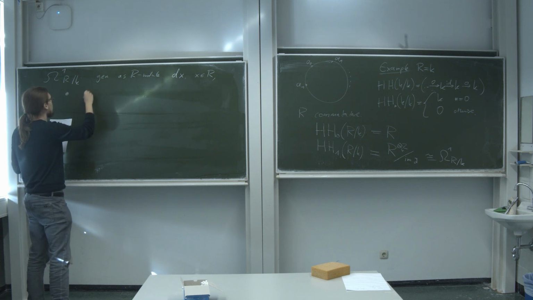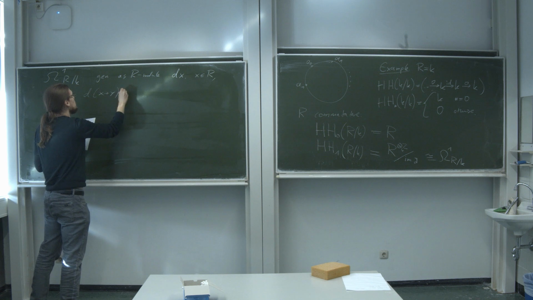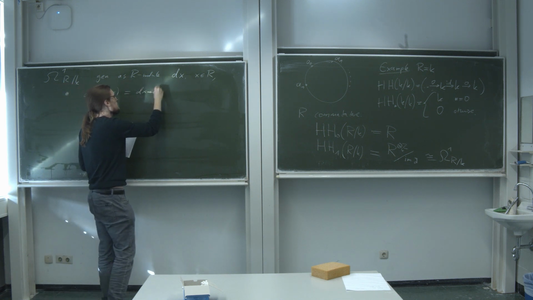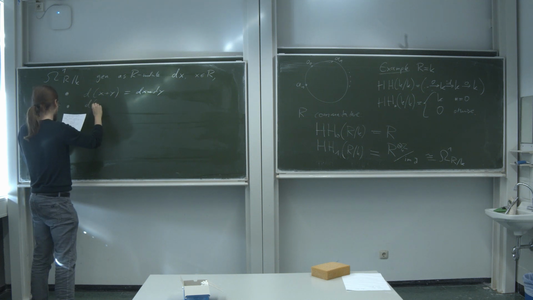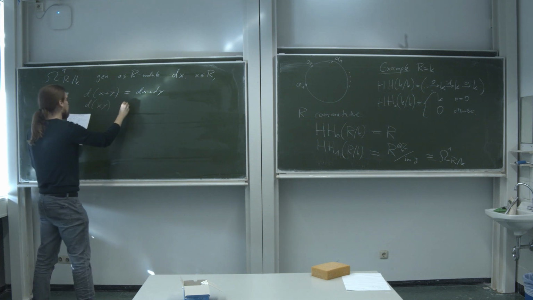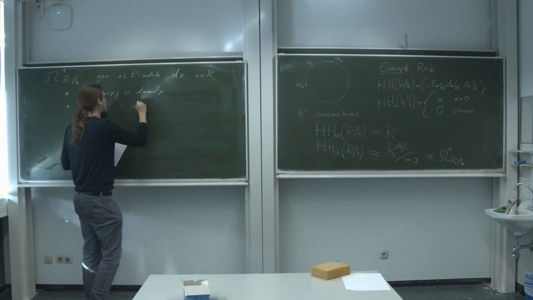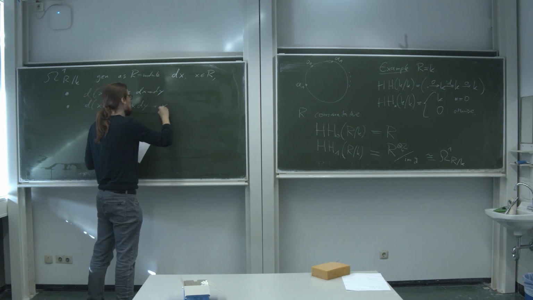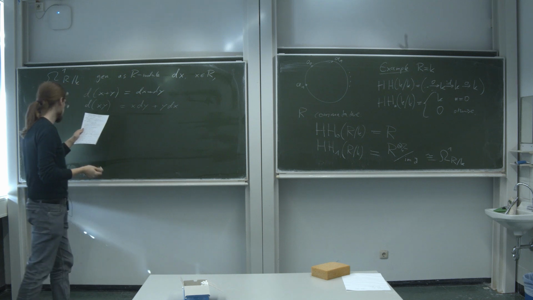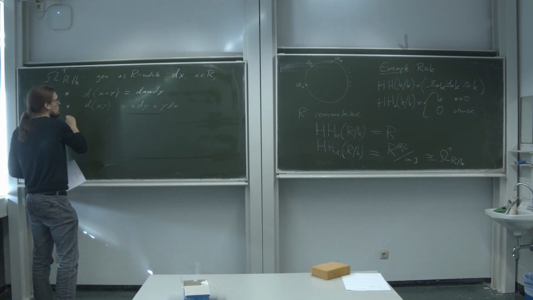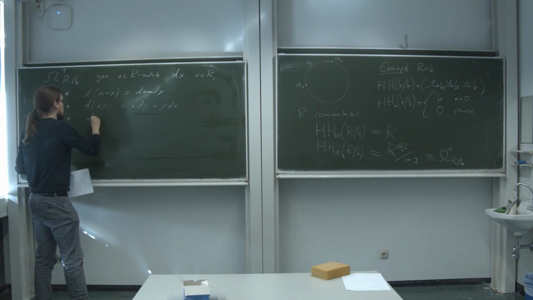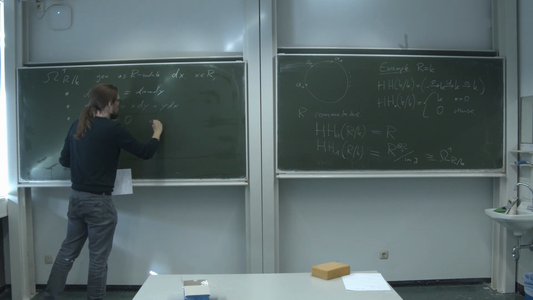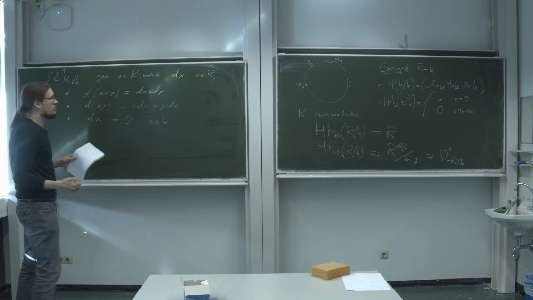So we have that d of x plus y is dx plus dy. We have that d of xy is x dy plus y dx. And then finally, since none of this involves K yet, there's also one relation that just says that dx is 0 for all elements that come from K.